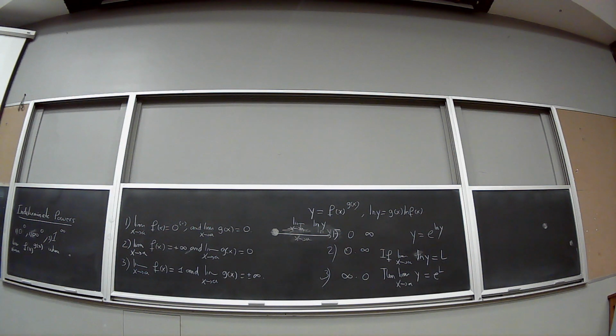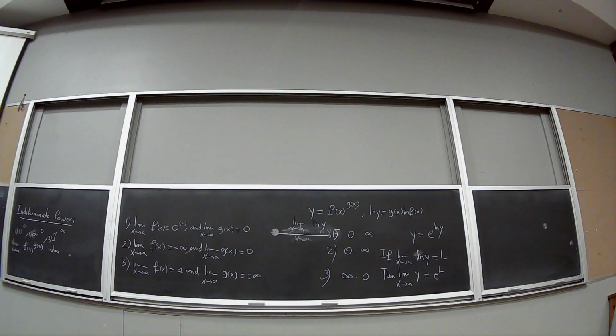Yes? For 1, the limit as x goes to a of ln y, wouldn't f of x go to minus infinity? g of x would go to 0, and ln of f of x would go to minus infinity.